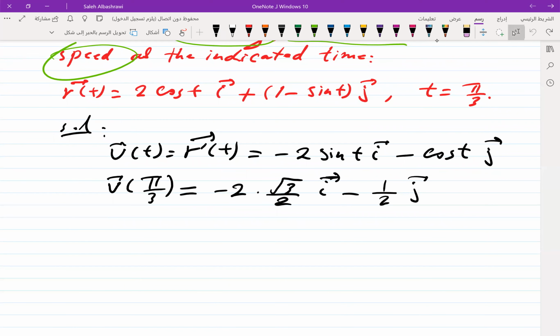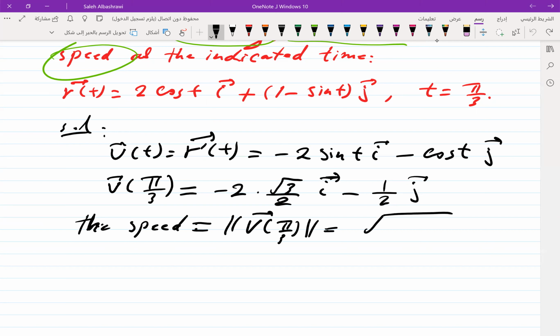From this one you can find the speed, equal to the magnitude, which is equal to 3 plus 1 over 4, or it is 13 over 4. This is the square root of 13 divided by 4. So this is the speed of the particle.